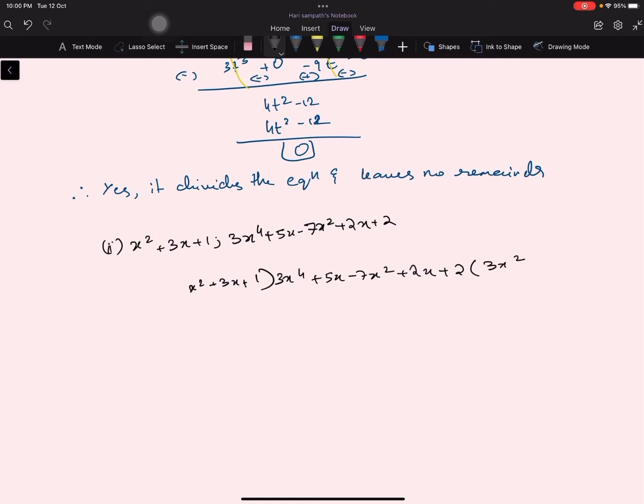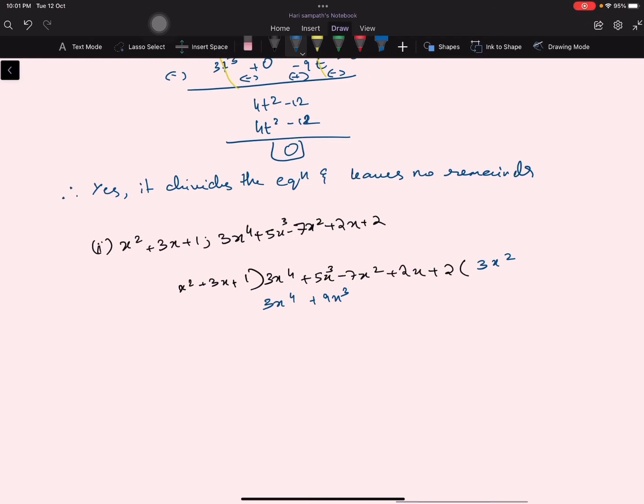and we are going to be multiplying it with 3x square, because I am sure you all know it. We've gone through it many times in the above equations, so I don't think I have to say that anymore. 3x raised to the power of 4, sorry, this is cube, 5x cube, and here plus 9x cube, multiply them, and you get over here 3x raised to the power of 4 plus 9x cube.